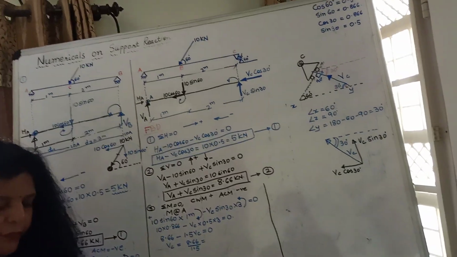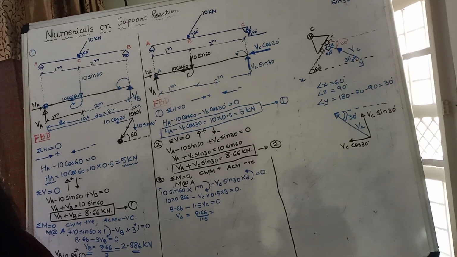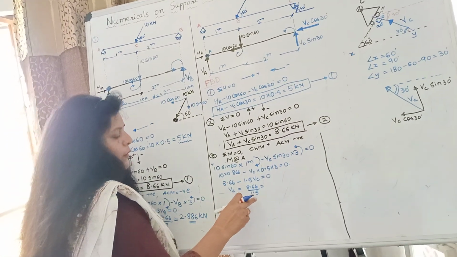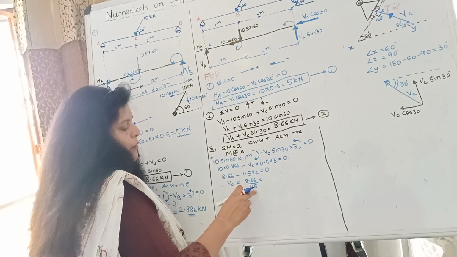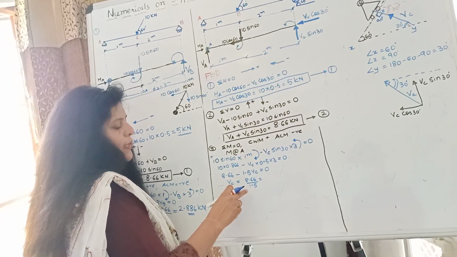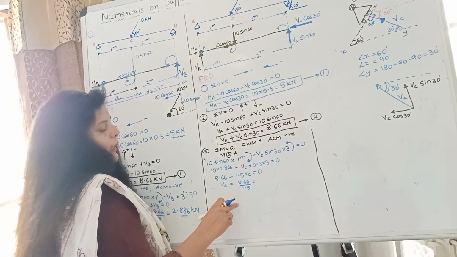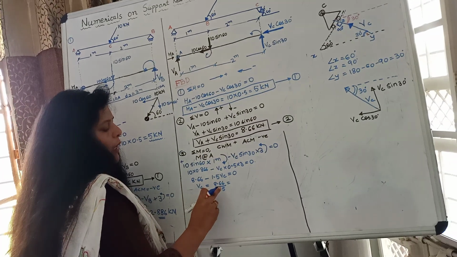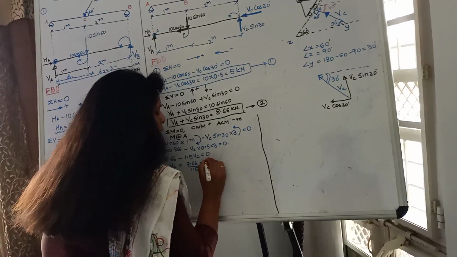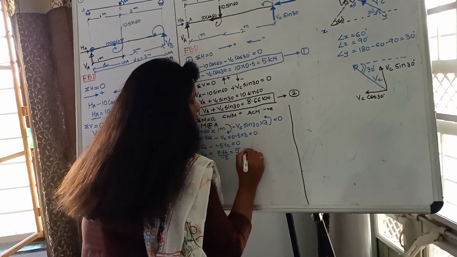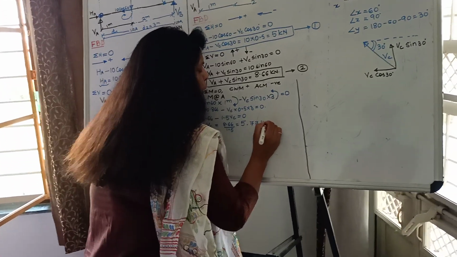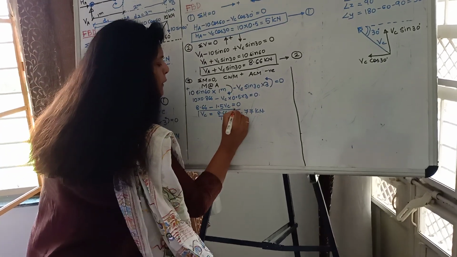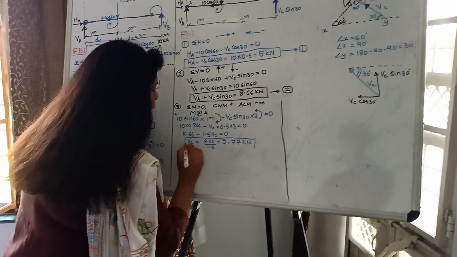Please calculate. 15 5s are 75, 15 6s are 90, so it will be 5.77. Thank you, Pulkit. 5.77 kilonewtons.